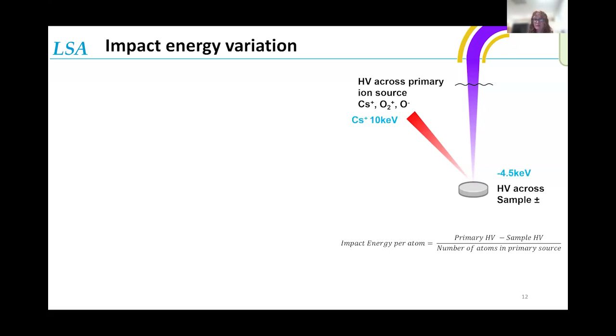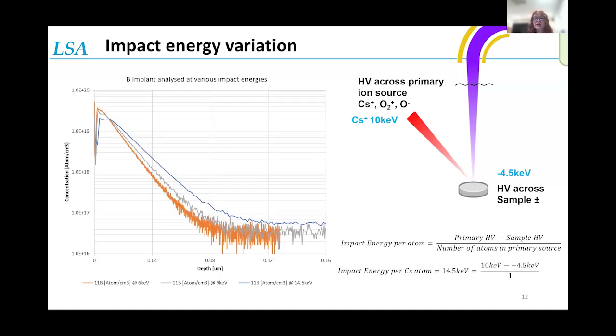So if we use cesium plus 10 kV and a sample high voltage of minus 4.5, we get an impact energy of 14.5 kV. And you can see in the blue line the profile of the implant that we get at 14.5 kV impact energy. This is the same sample run under different impact energies, and you can see that the profile changes.